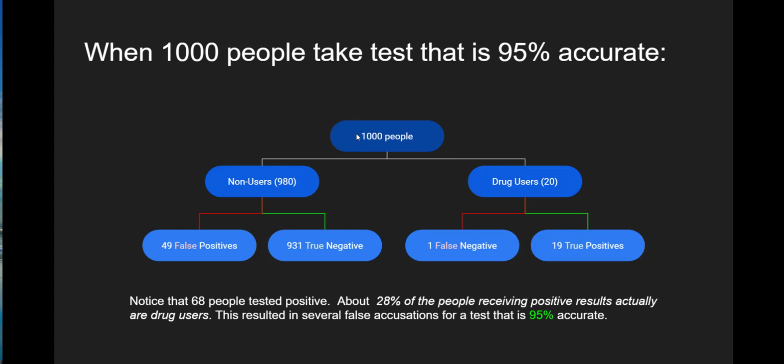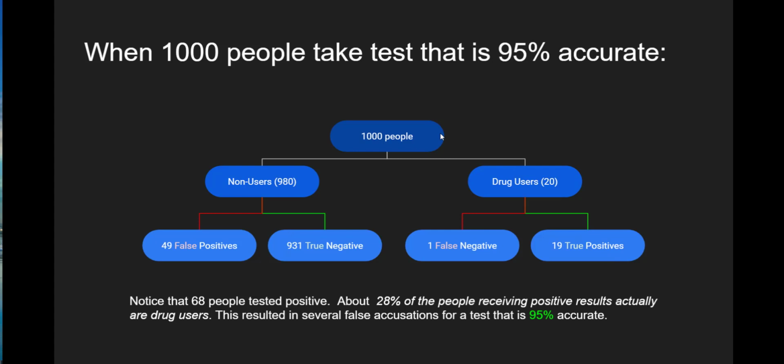After the 1,000 people are tested, we had 4 cases. We had positive tests here, so I have 2 groups of positive groups from the non-users, as well as a positive group from the drug users. Together, that gave us 68 positive tests.